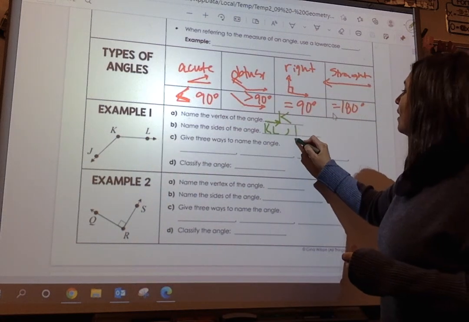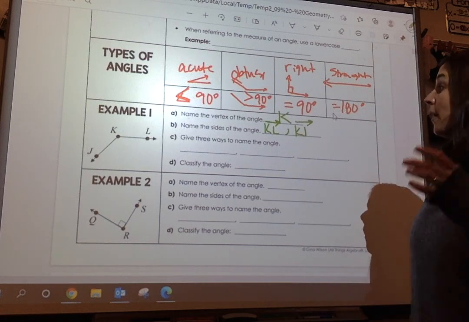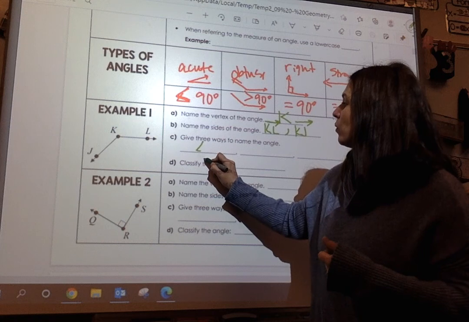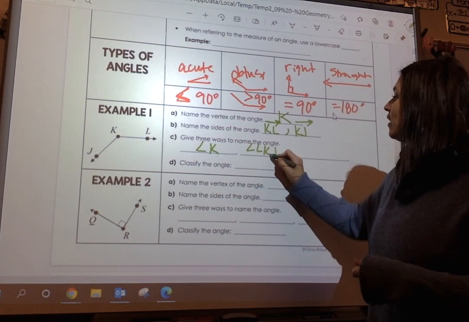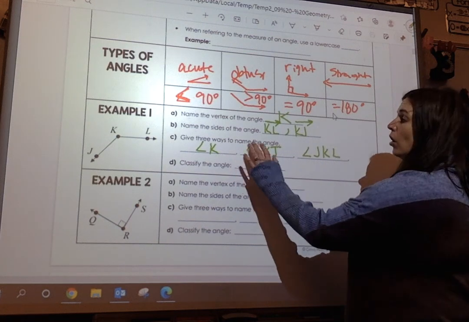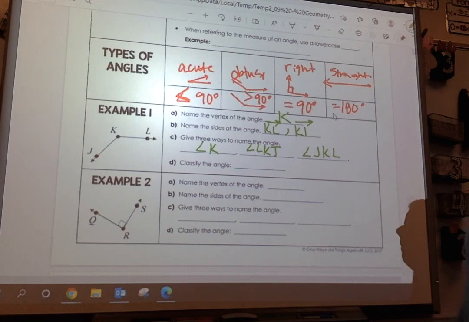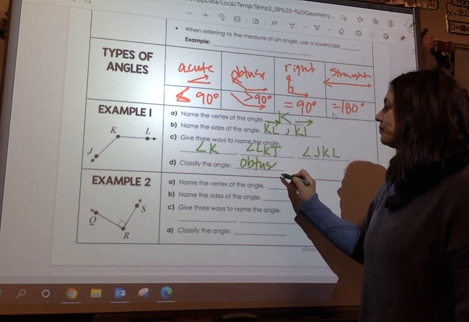So it's KL and it's KJ with an arrow facing towards the J. And the three ways we can name this angle is with the vertex, angle K, or angle LKJ, or angle JKL, all uppercase letters. And if I had to classify this angle, I would say it's an obtuse angle.